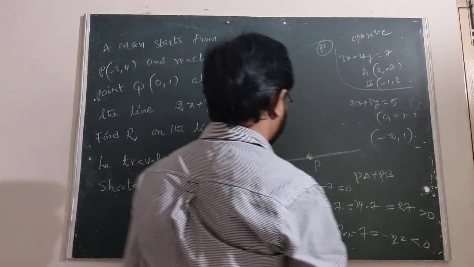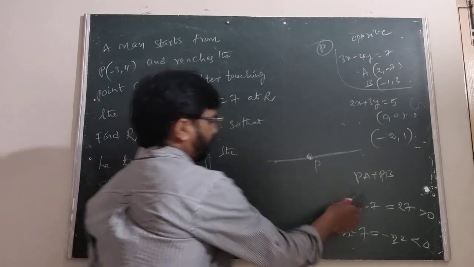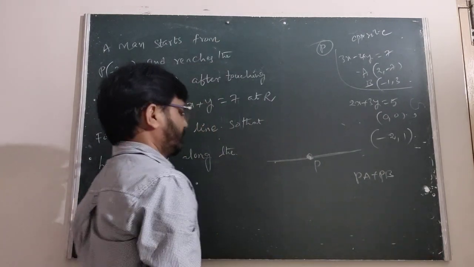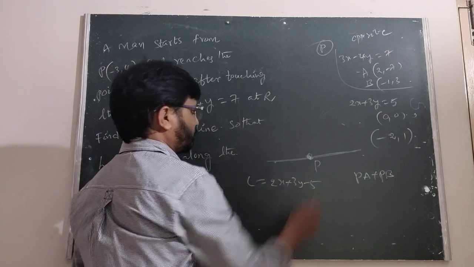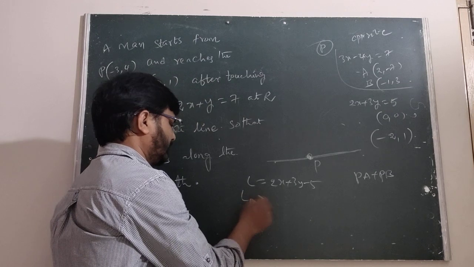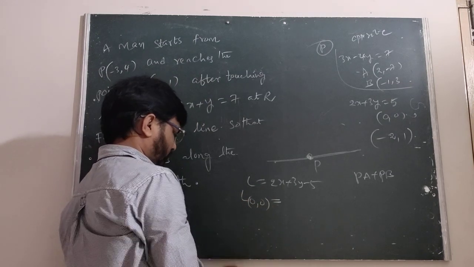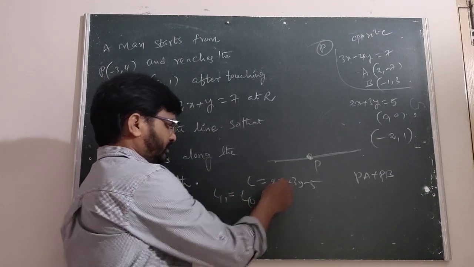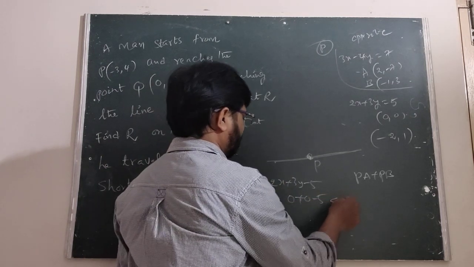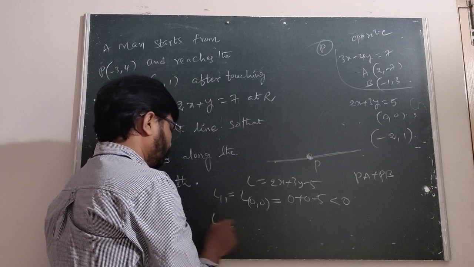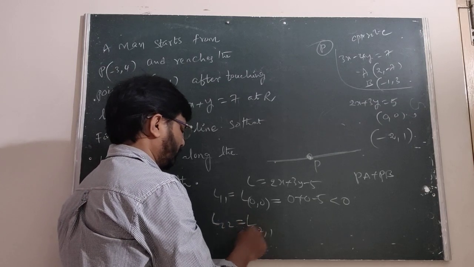Now the second one. Given that L is 2x plus 3y minus 5. First we take L11 at the point (0, 0): 0 plus 0 minus 5, which is less than 0. L22 is the point minus 2 comma 1.